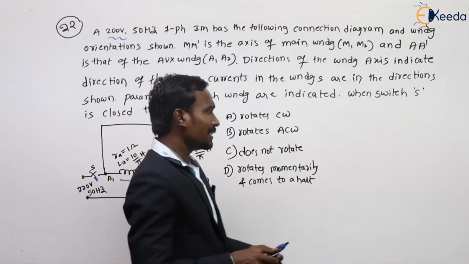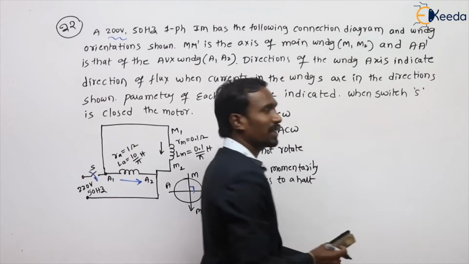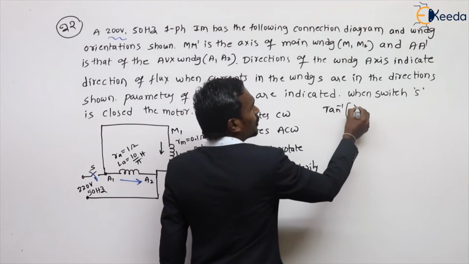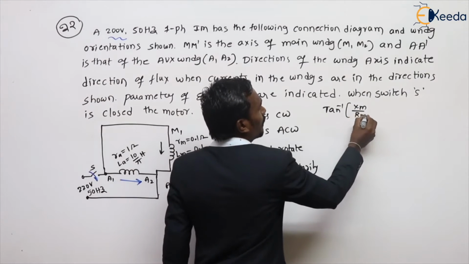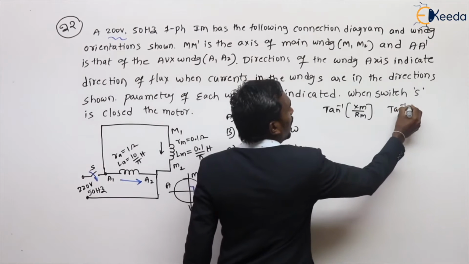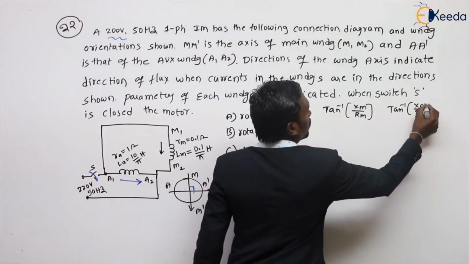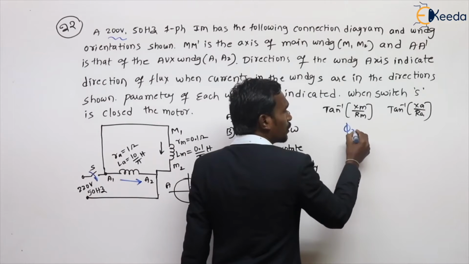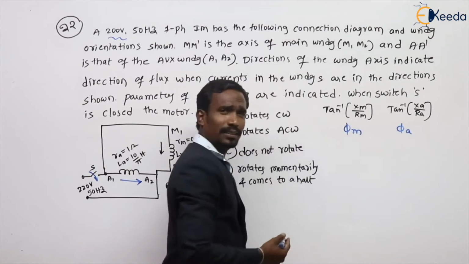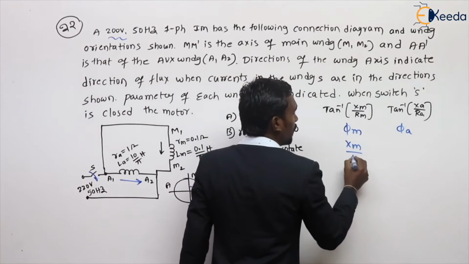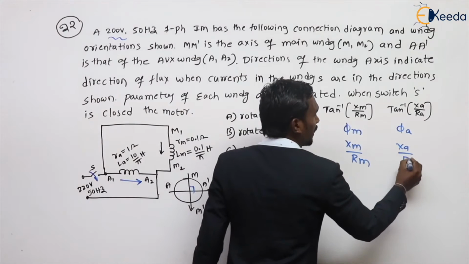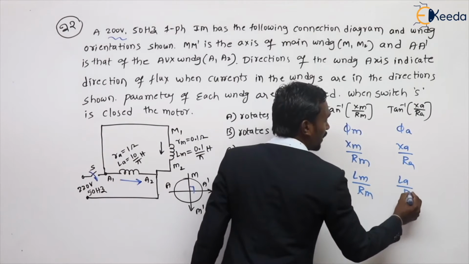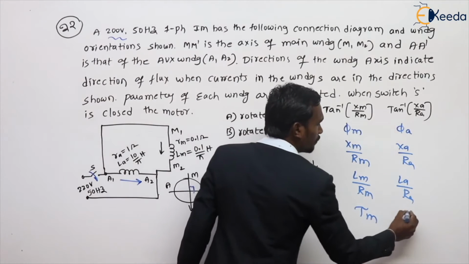Generally, I have told you many formulas for this question. The first formula is theta m equals tan inverse of Xm by Rm, and theta a equals tan inverse of Xa by Ra. Next one is Xm by Rm and Xa by Ra. Next one is Lm by Rm and La by Ra. And next one is tau m and tau a.